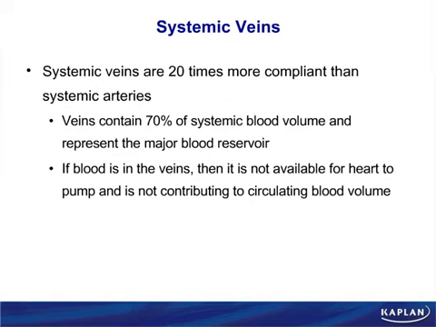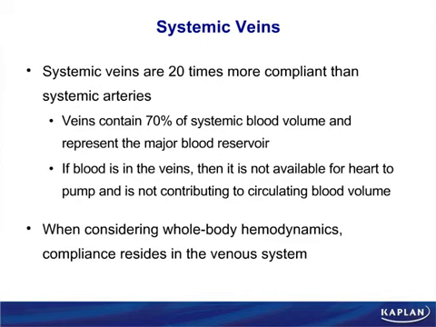Now, when considering whole body, here's a big key. When considering whole body hemodynamics, compliance, veins, all right? The compliance of the systemic circulation is venous compliance. We pretty much ignore, when we're thinking entire circulation, we pretty much ignore arterial compliance.